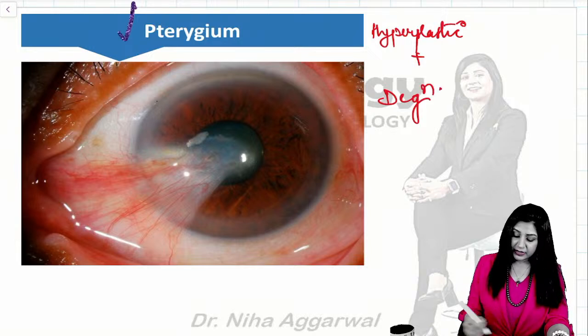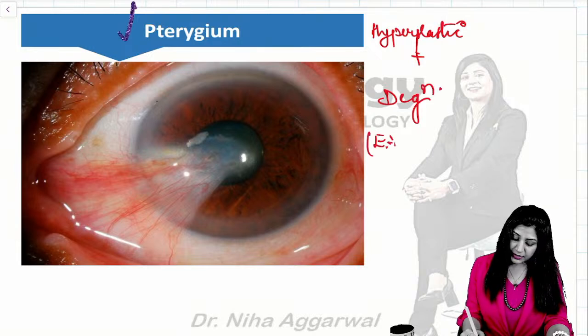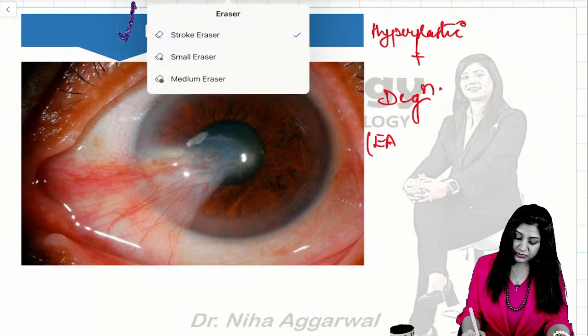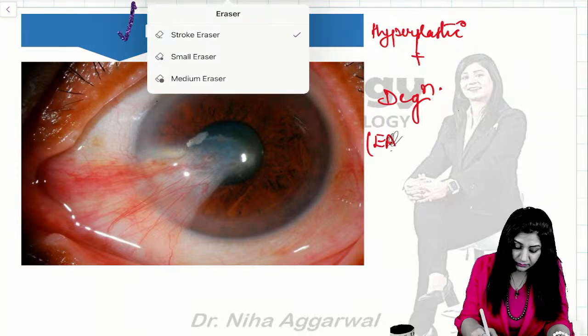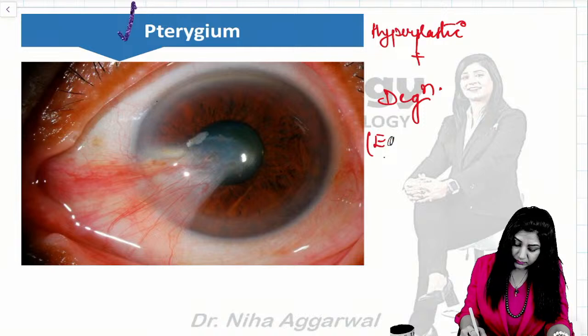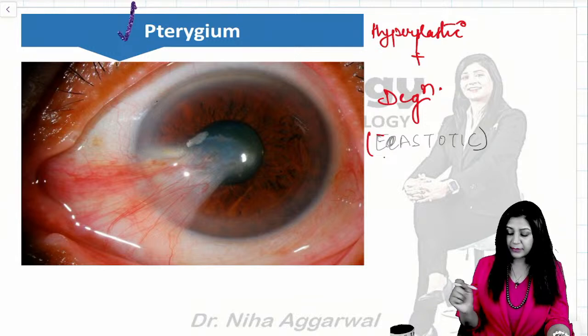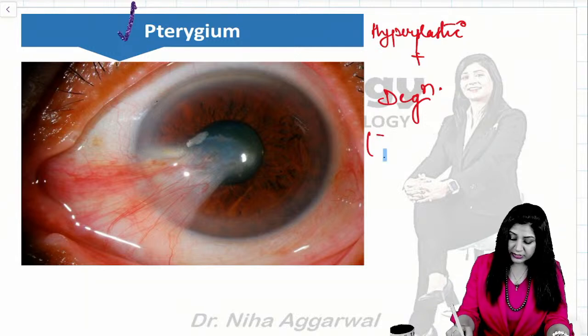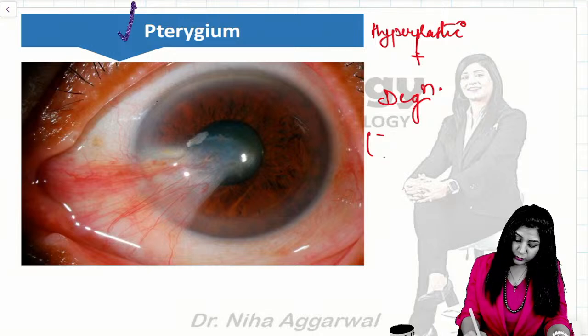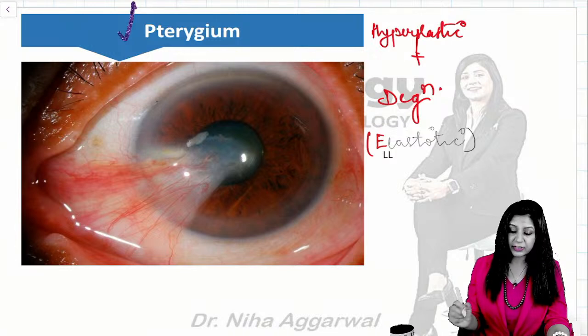Both are there, and the type of degeneration is elastotic type of degeneration, because here we are having a growth, so we are having both kinds. Elastotic type of degeneration, and you can see the growth here.